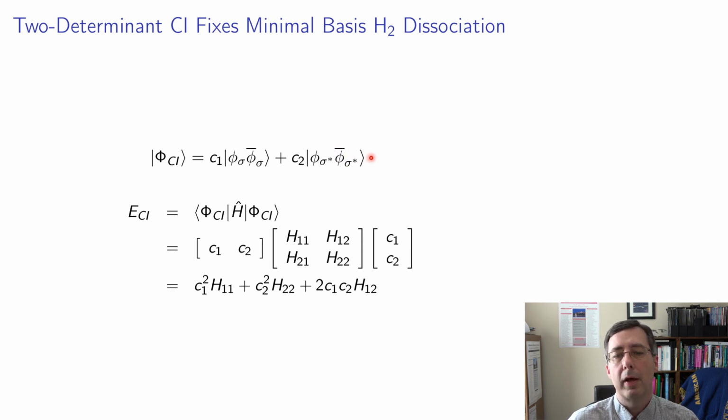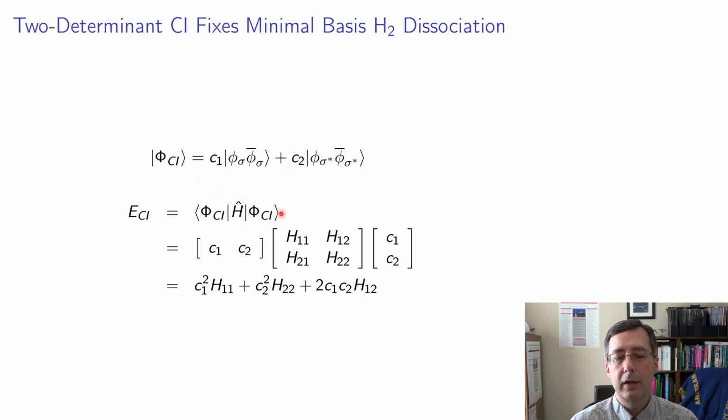And you might say, well, why don't I include one electron in sigma and one electron in sigma star? For a minimal basis, that one can't contribute by symmetry. That one would have a so-called ungerade symmetry to that wave function, and so those determinants don't contribute if we're looking for the ground state, which is a gerade state. All right, so these are the only two I need for a minimal basis H2.